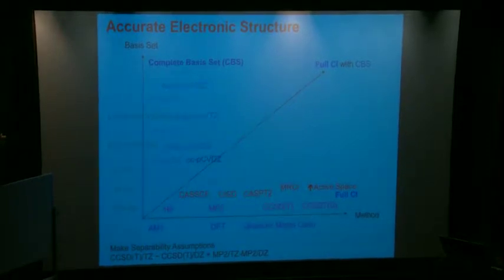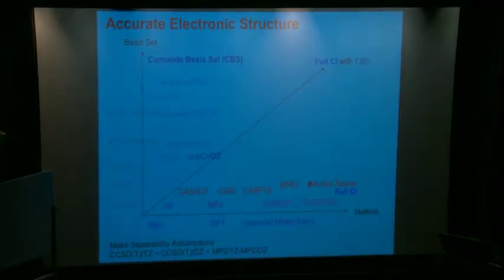So what people will do is go really close to the full CI limit with some small basis set, and then do something like a Hartree-Fock calculation with a really large basis set. That would be the first order approximation you could make. The problem is that you're making a separability assumption, that the basis set differences add to the methodology differences.